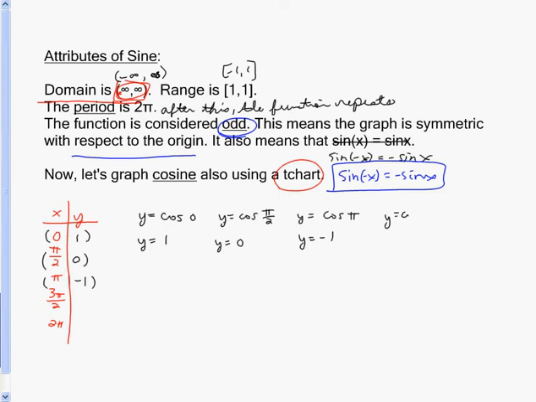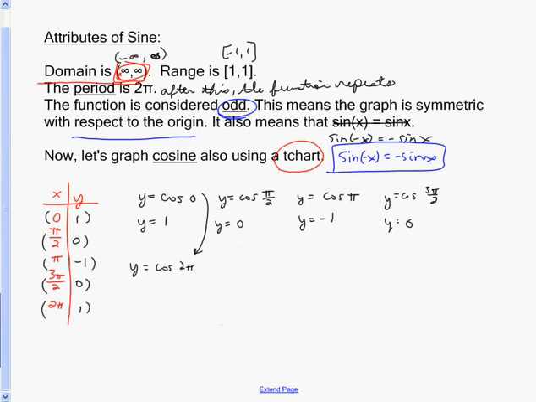I have y equals cosine of 3 pi over 2. Cosine of 3 pi over 2 would be 0. And then lastly, y equals cosine of 2 pi. Well, 2 pi and 0 usually give you the same thing. So that is definitely going to give me back the 1.